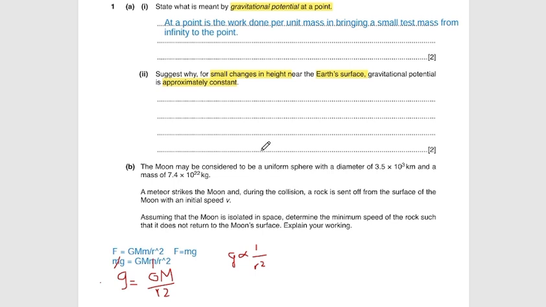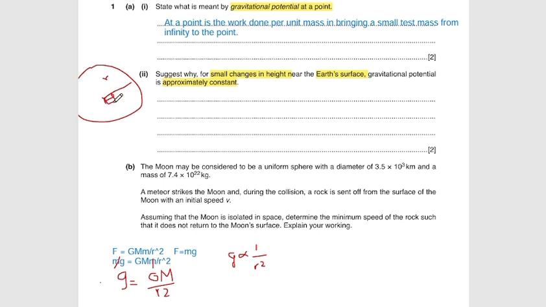Now they say why for small changes in height near the Earth's surface gravitational potential is approximately constant. We will say that if you have small changes in height, let's assume this is Earth and this here is my radius, and I'm talking about this small height.